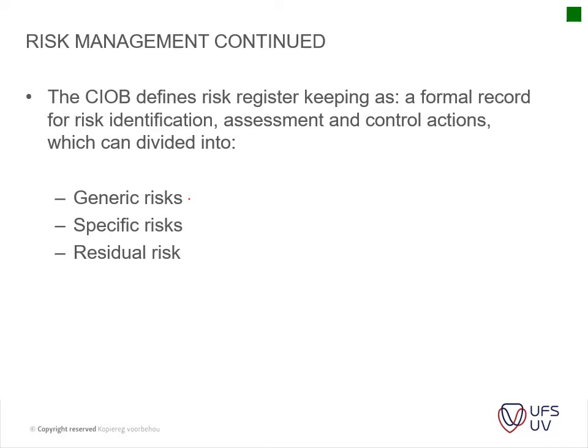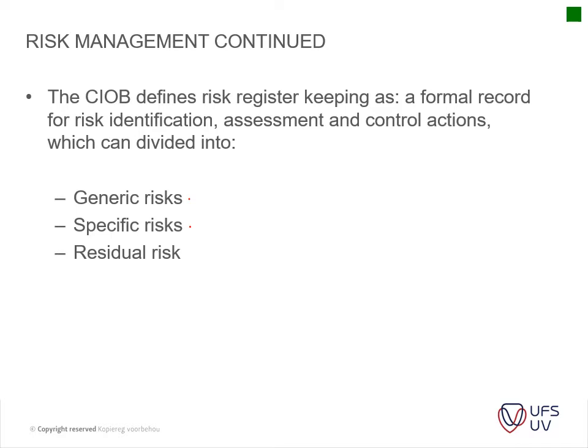Specific risks are particular to the project in hand. For instance, if you've got a confined space within a built-up area, you have to have shoring to protect the buildings next to it. So that's a specific risk for a specific site.